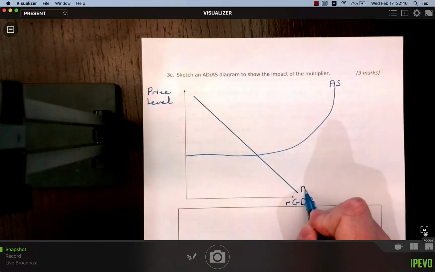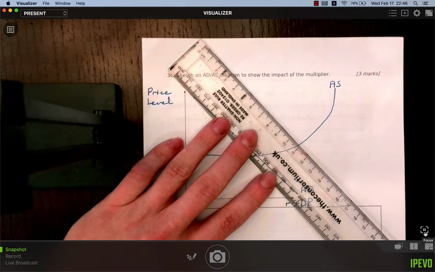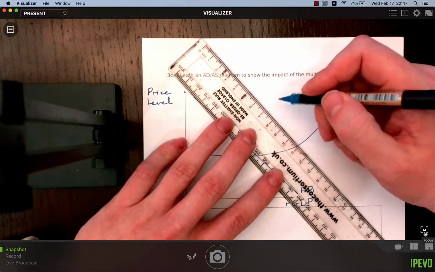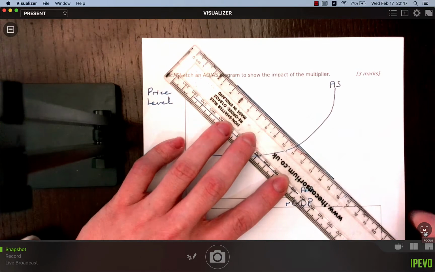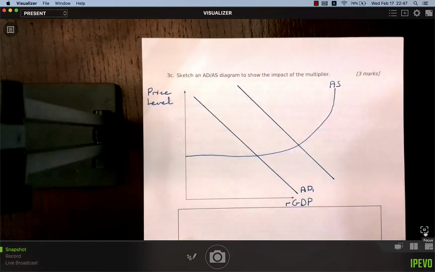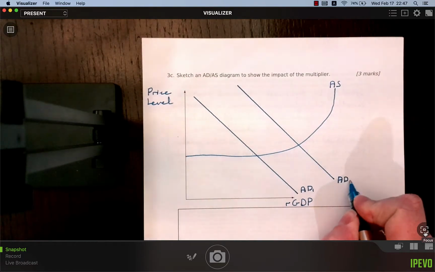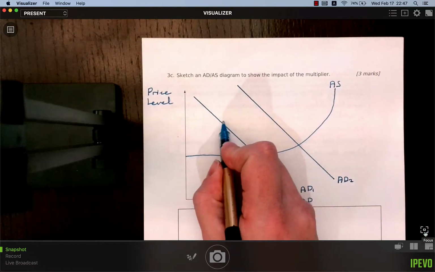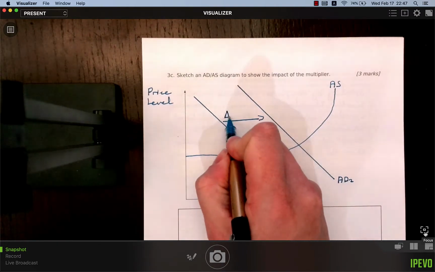We've got AD1. Now, what we are claiming is the government, in the previous question, we worked out that they spent an additional 237.5 million. And that brought us out to AD2. So this shift out here represents the change in government spending.